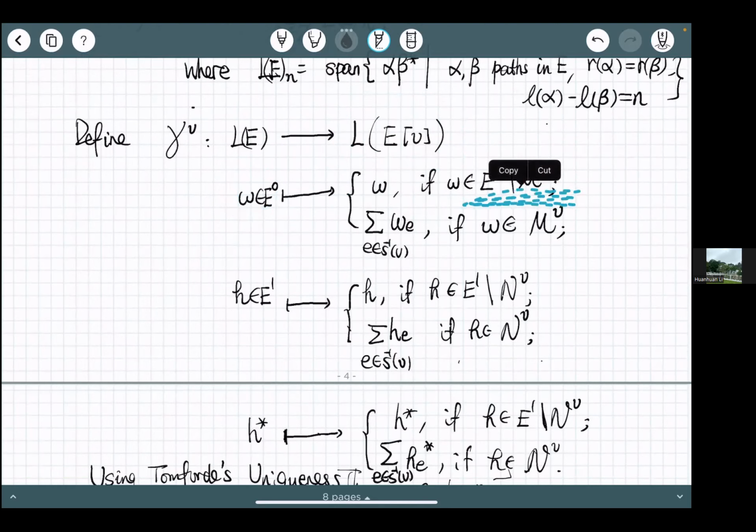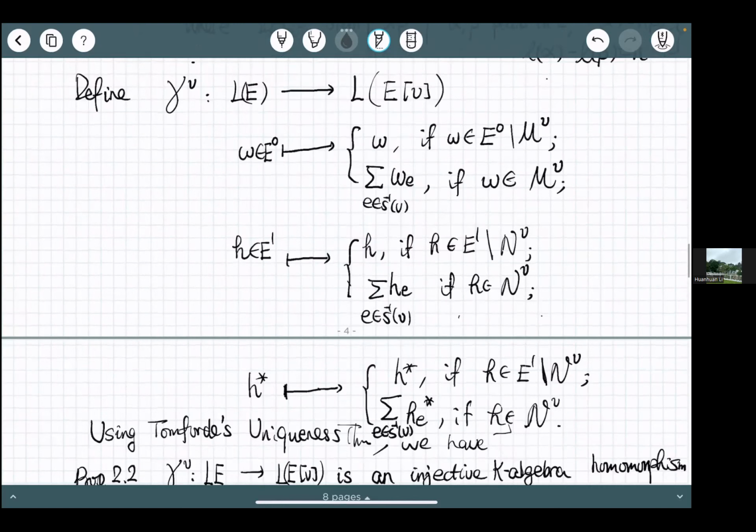If this vertex is not in M_V, then the image is W, because this is also a vertex in E_V. If W is in M_V, then we use the sum of W_e, where e is an edge which starts from V. So this is the image for vertices.